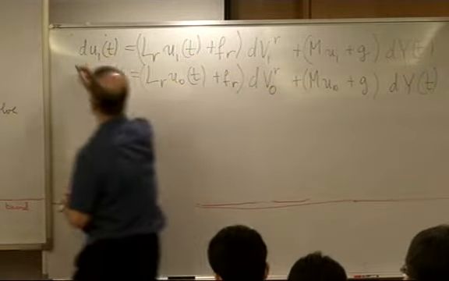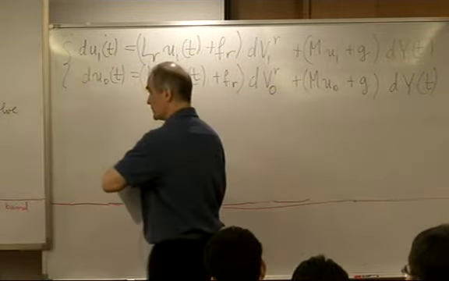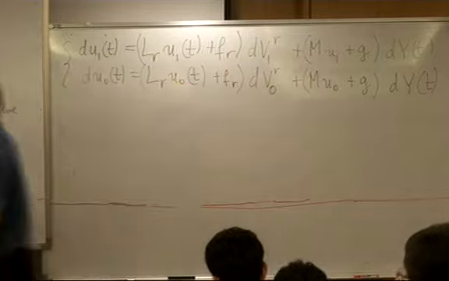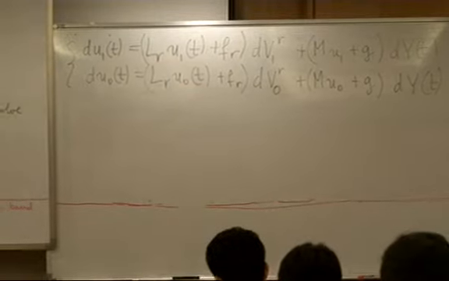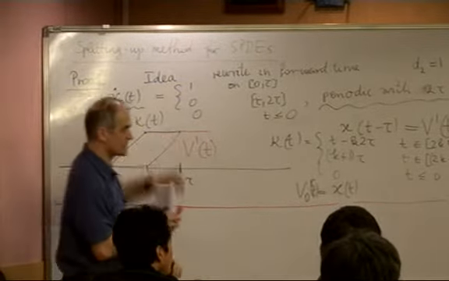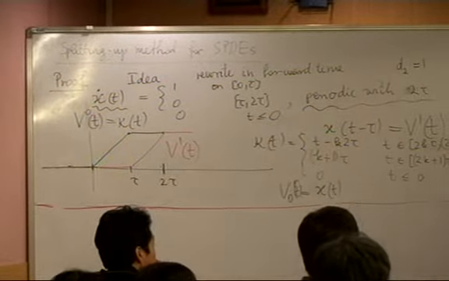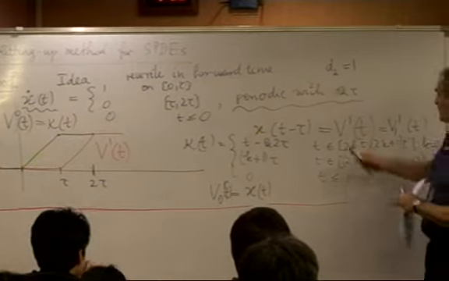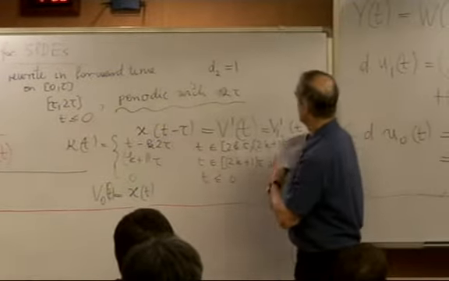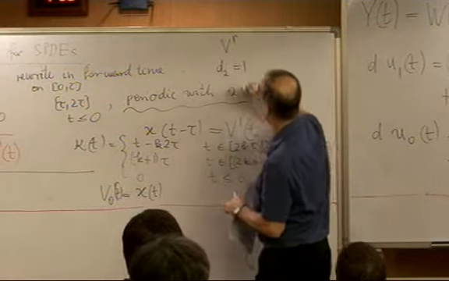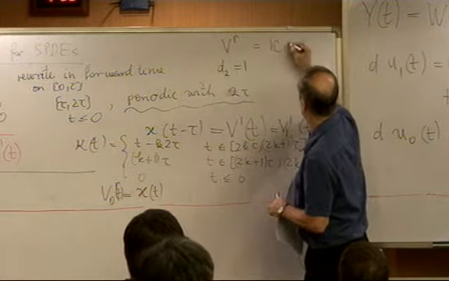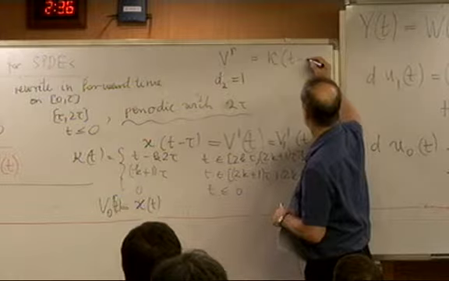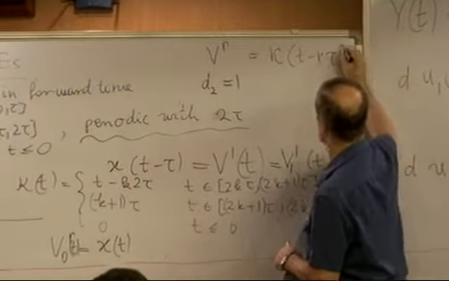So these are the two equations, and you see, in case we have more, so multi-stage, many equations, not just two, then the similar thing is done, but then instead of V1 we will have VR, and that is the kappa T minus R times tau.